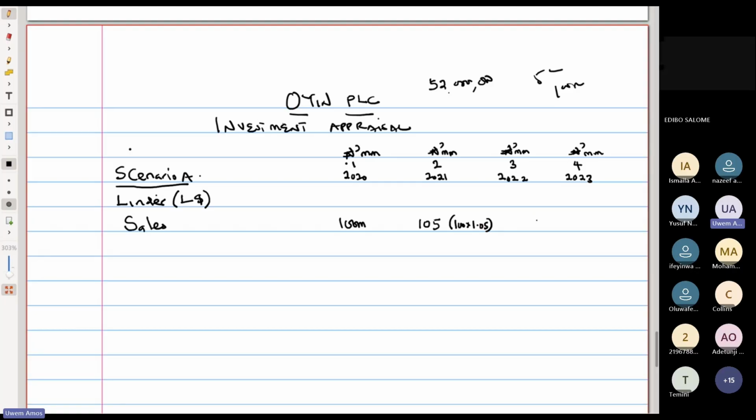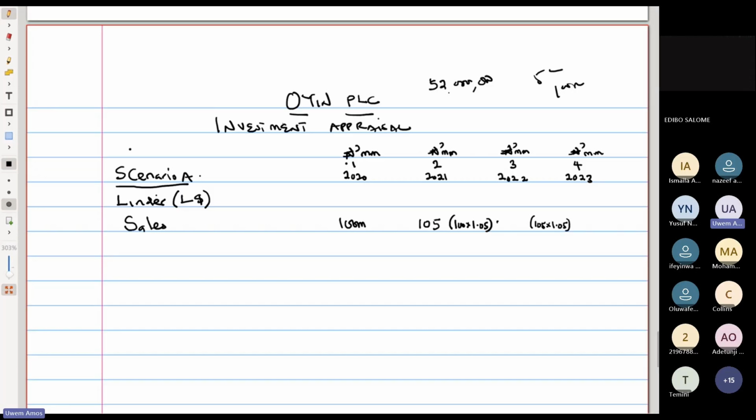The next year, it said it's going to grow by 5% for every year. So 105 multiplied by 1.05, with 1 representing 100% and 0.05 representing the 5% increase on what we currently have. That gives us, do we operate with two decimal places? Maybe we should.